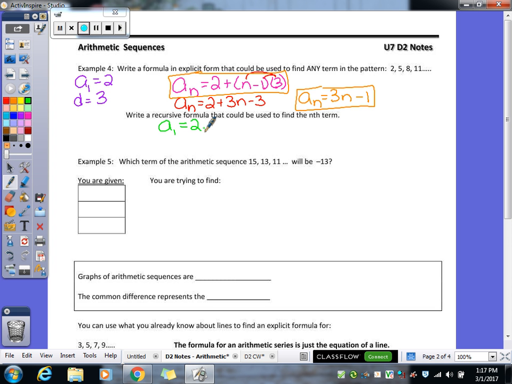So for our recursive, we have to use our previous term notation, which would be our a sub n minus 1. So we're taking our previous term and adding 3. That's if we're writing it as a function. So that would be our recursive formula there for our sequence.